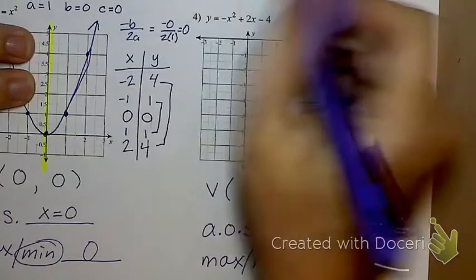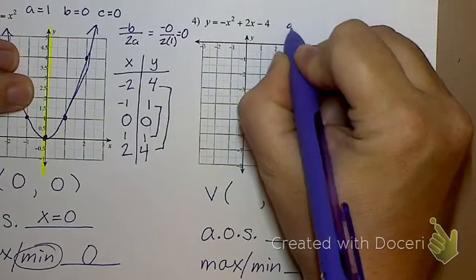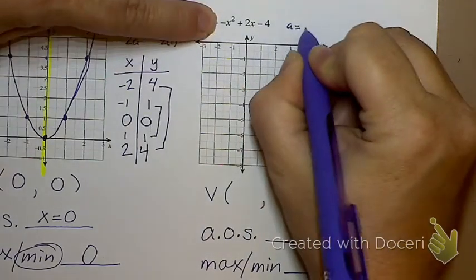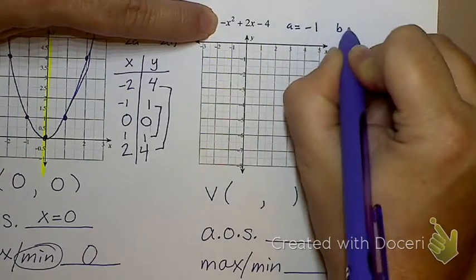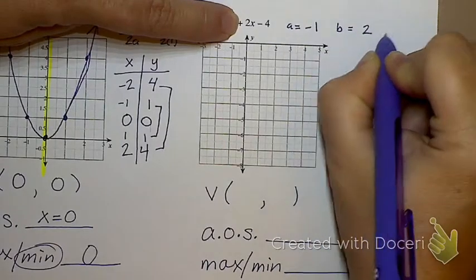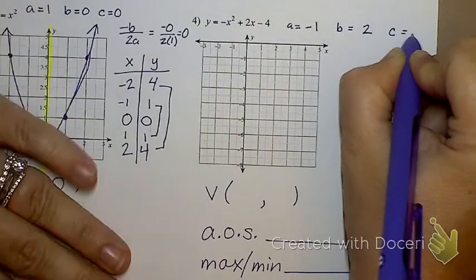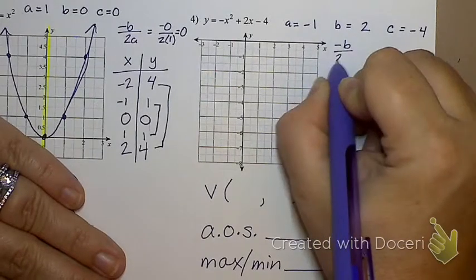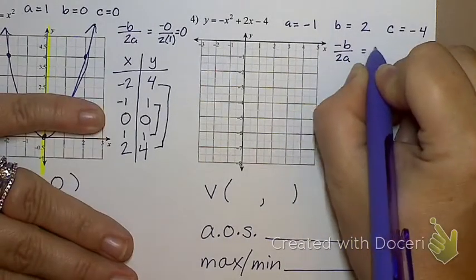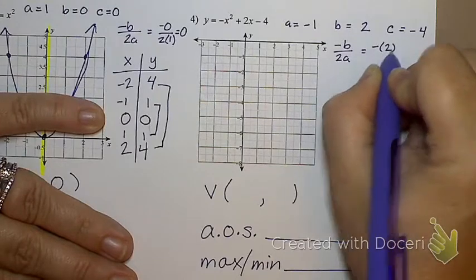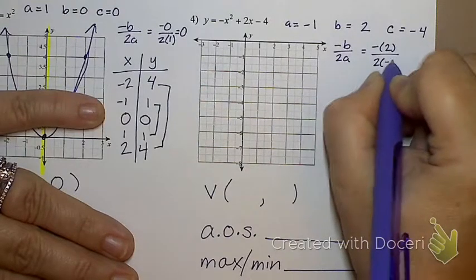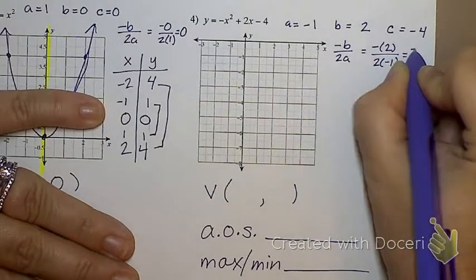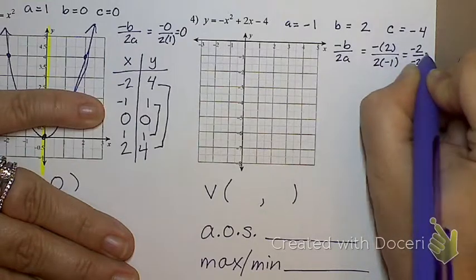All right, what's my A value here? -1. What's my B value? +2. What's my C value? So if I do negative B over 2A, that gives me -2 over 2 times -1, which gives me -2 over -2, which is 1.